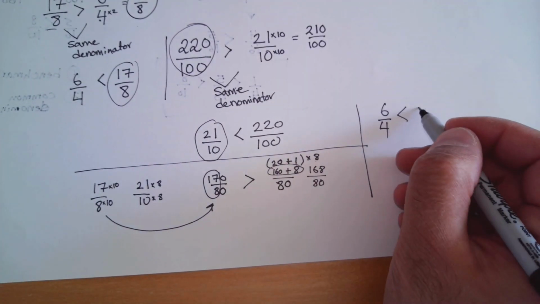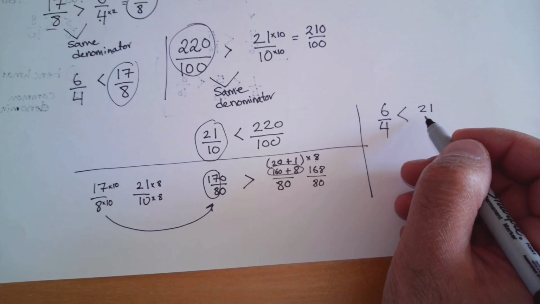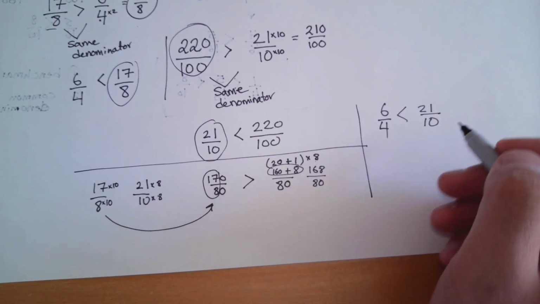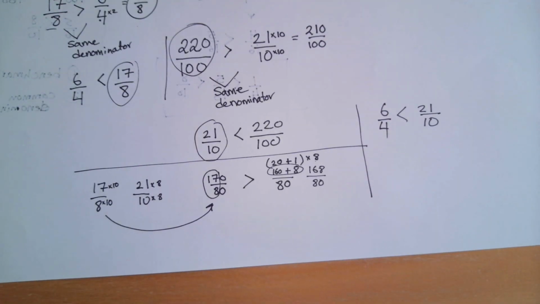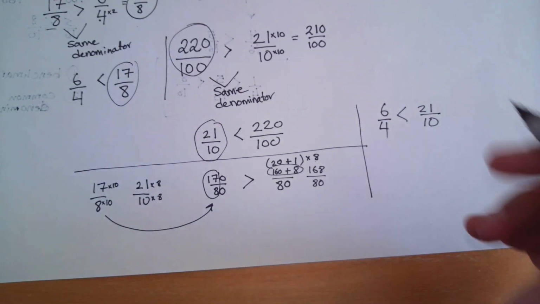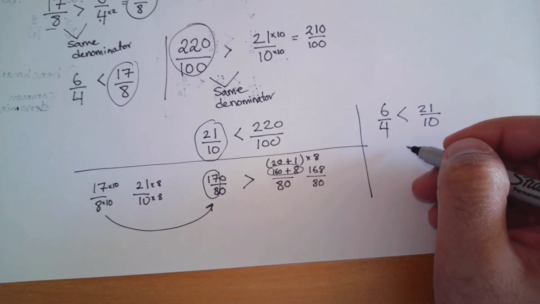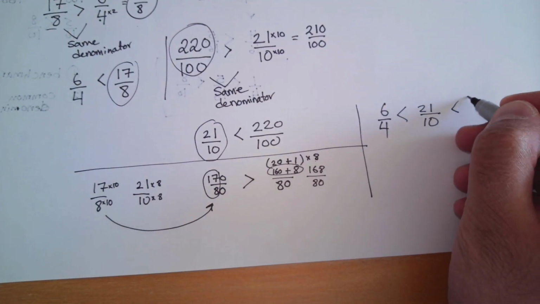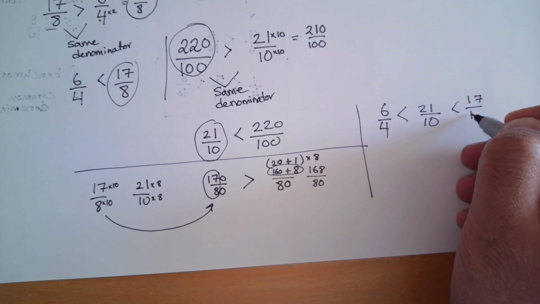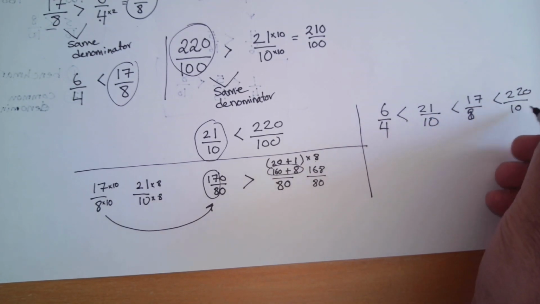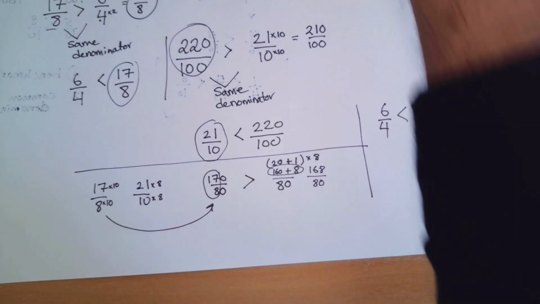But then 21 tenths is smaller than 17 eighths, and 220 hundredths is bigger.